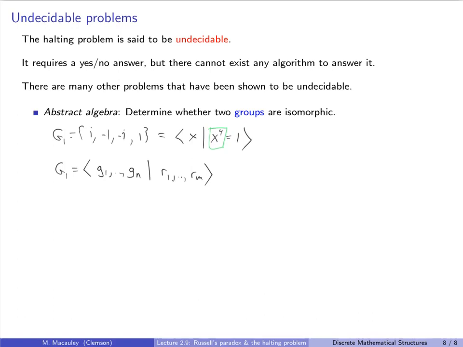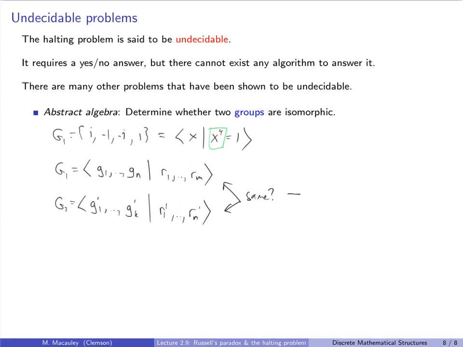So suppose you have a group like this and you have a group G2, which is generated by some other collection of generators, let me call these primes. So suppose you have another abstract group generated by k things, subject to relations r1 prime up to rm prime. You can ask, are these things the same?